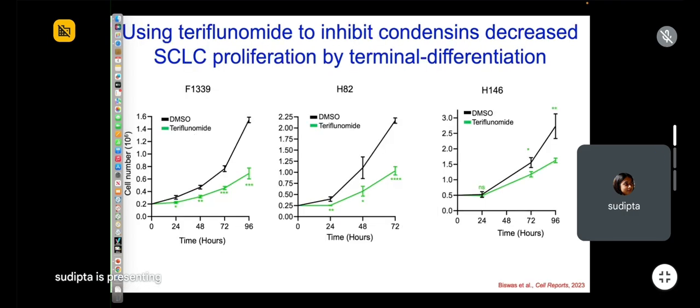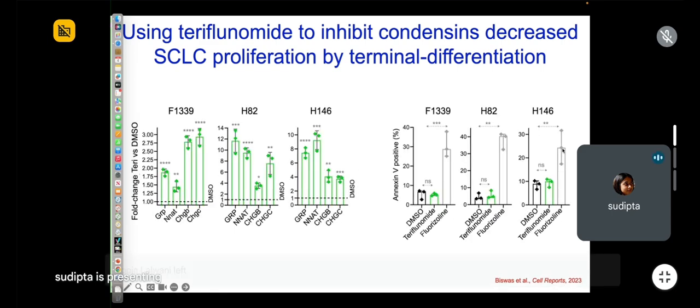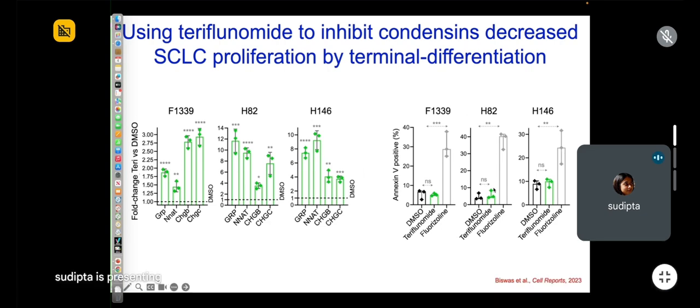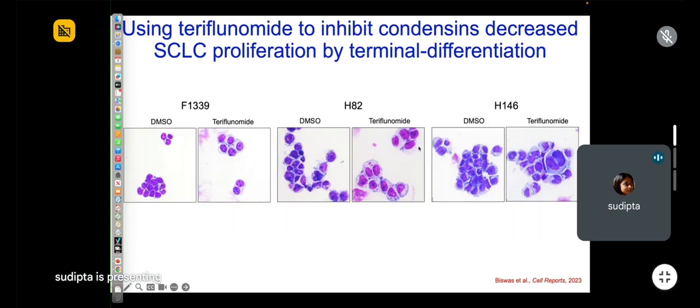So now we can target this SMC4 by using teriflunomide, another drug, which people have already used for different reasons, but we used it in the cancer cells. And you can see here that it indeed inhibited the cell growth of these cancer cells. Also, it increased the gene expression in all those cells, and it did not induce any apoptosis. This is our positive control. And all these cells induce differentiation, which I am showing by the images.